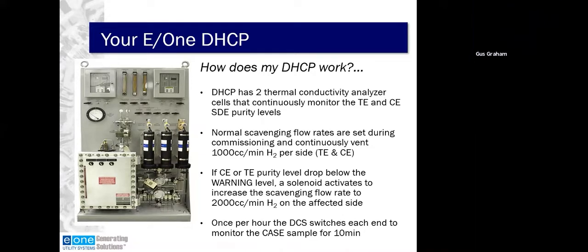The case sample should run higher than both of the ends. And when you look at the turbine end or collector end value, if it's drifting further away from the case, it's an indication that the seal on that end of the generator could be deteriorating and be in need of maintenance.